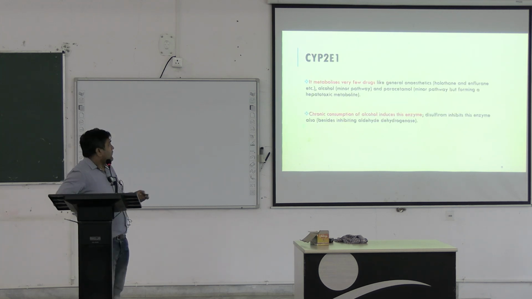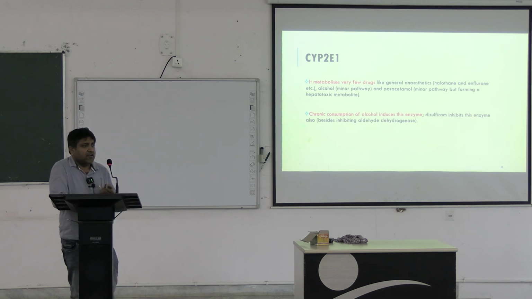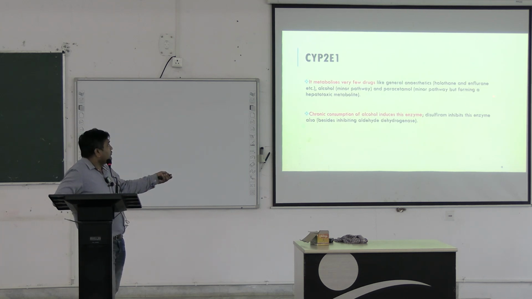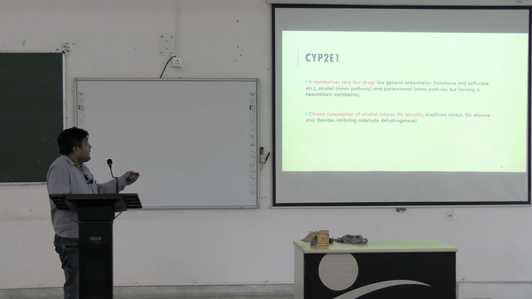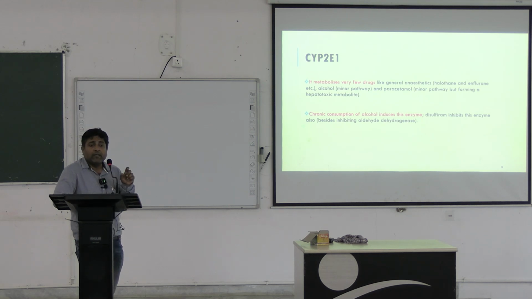CYP2E1: very few drugs are metabolized, including general anesthetic drugs like halothane and enflurane, alcohol, and paracetamol. Now, paracetamol is also metabolized by CYP2E1, which is a minor pathway, and by this metabolism a metabolite is formed that is toxic to the liver.